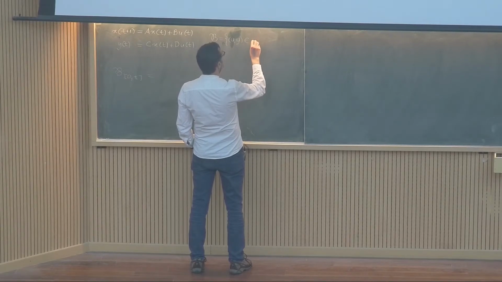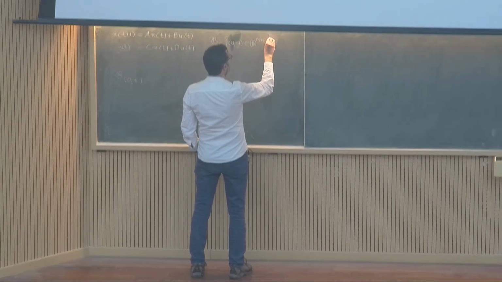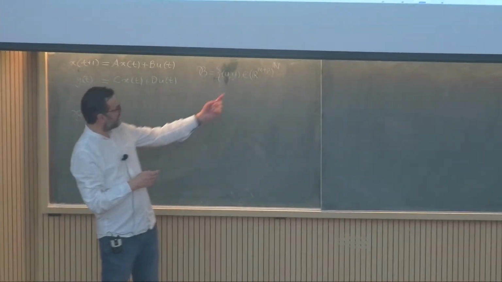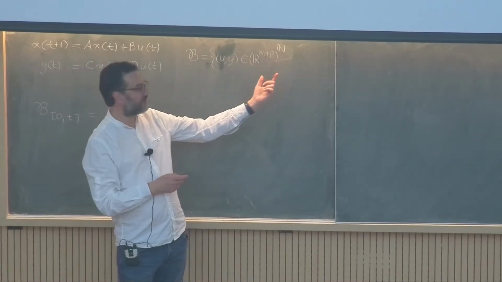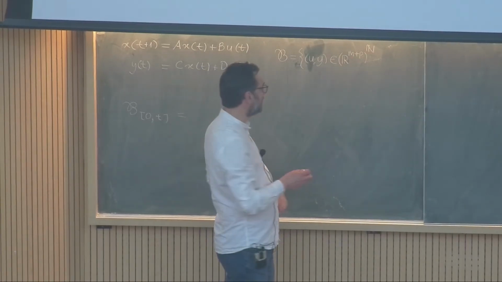Yes. And these are, how was it? Up to n, right? So it is something like R^(m+p) to n. These are sequences. This notation is for sequences with n plus p entries.